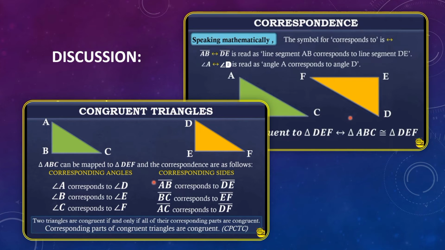So, kailan natin masasabi na ang dalawang triangles ay magkatunga at magkapareho? By CPCTC, two triangles are congruent if and only if all of their corresponding parts are congruent. The corresponding parts of congruent triangles are congruent.